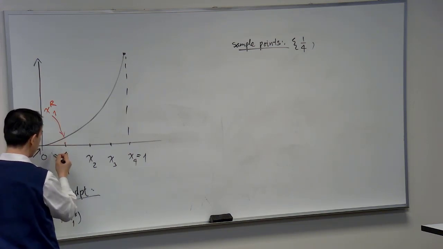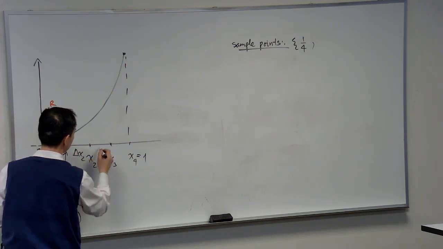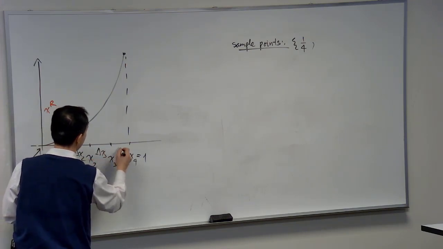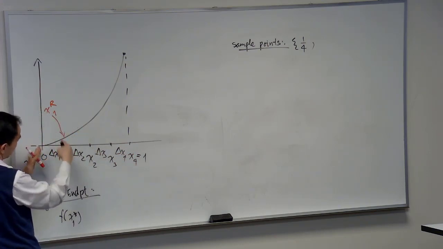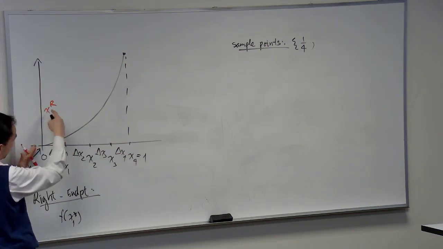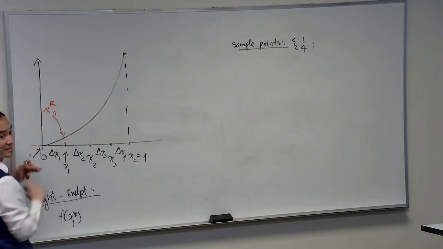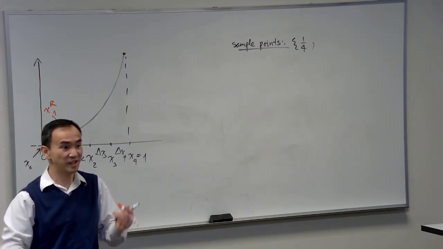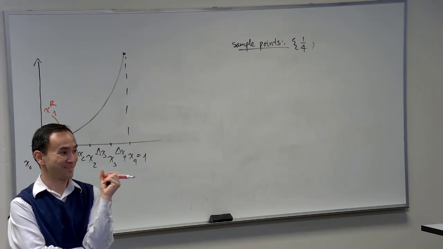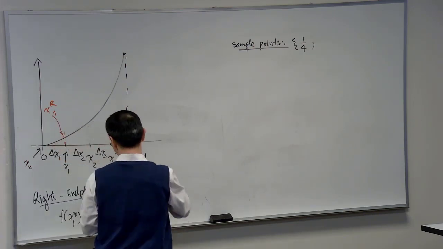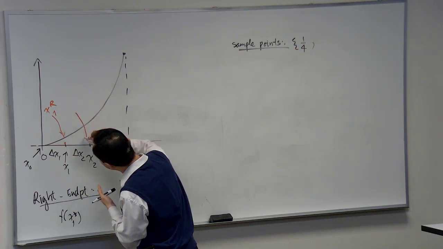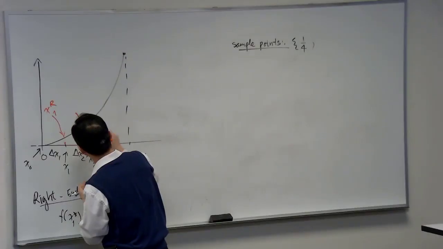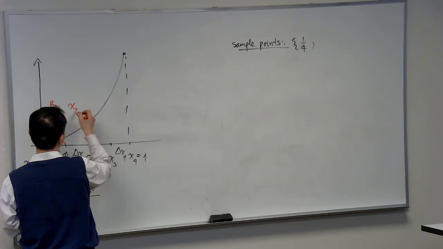Just like that, the exact same picture that we've had again: delta x1 is here, delta x2 is here, delta x3, and delta x4. But for the first subinterval, I'm choosing the right endpoint. That's why I call it xr1, similar to how we called those xl1, xl2, and so on. And xr2, needless to say, has to be right here. xr2.